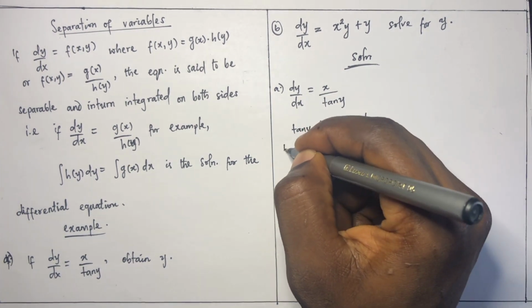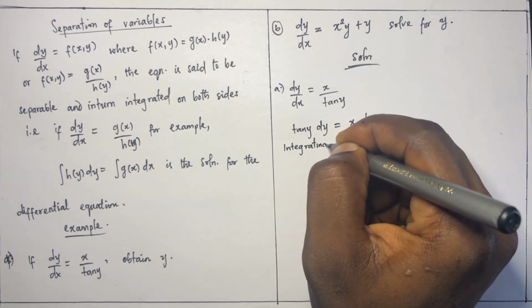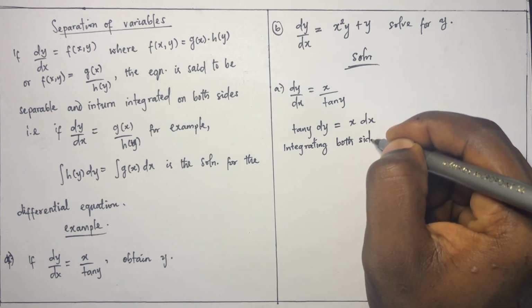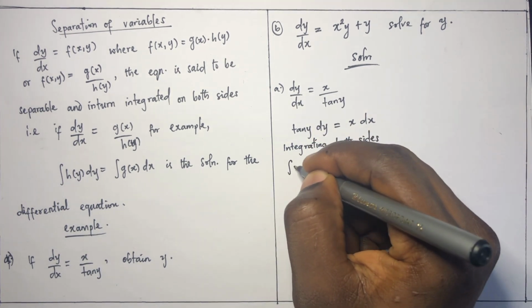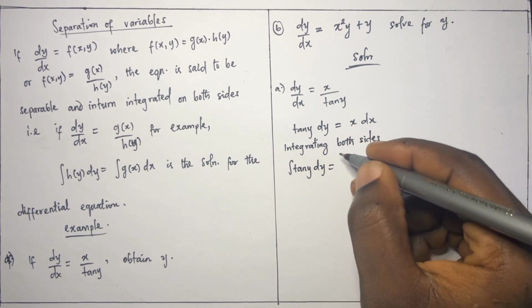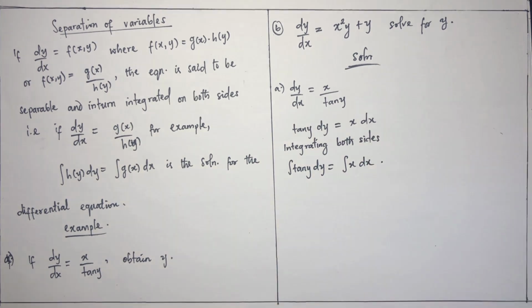So what do we do? We integrate both sides. We have the integral of tan y dy equals the integral of x dx.